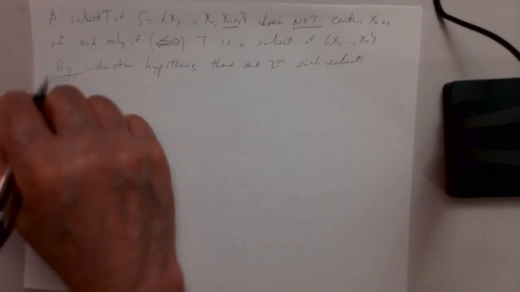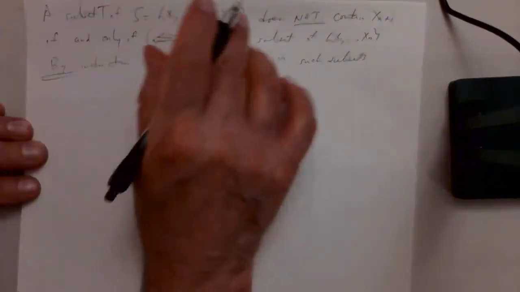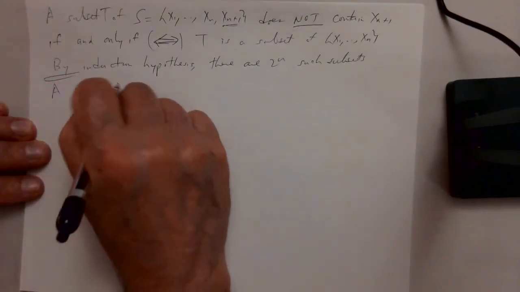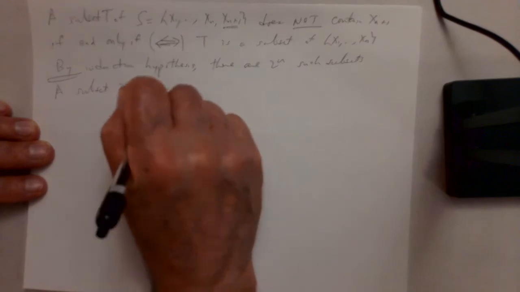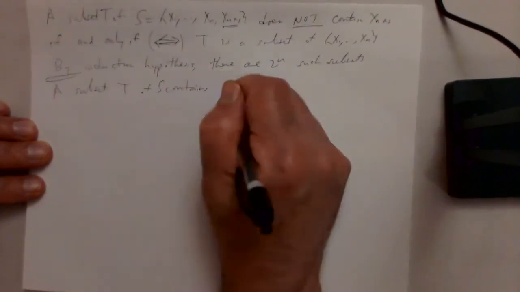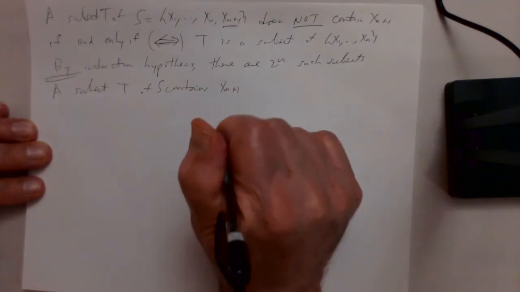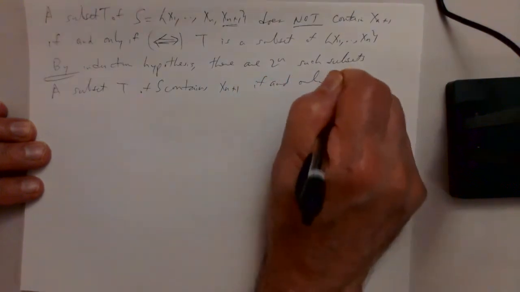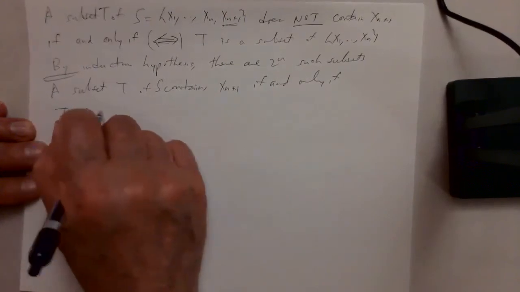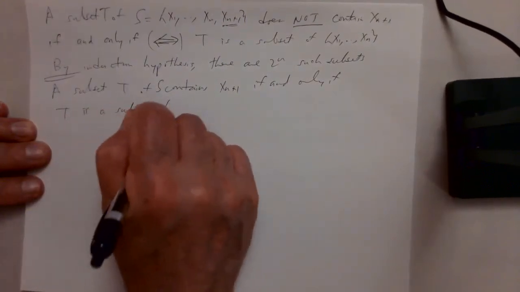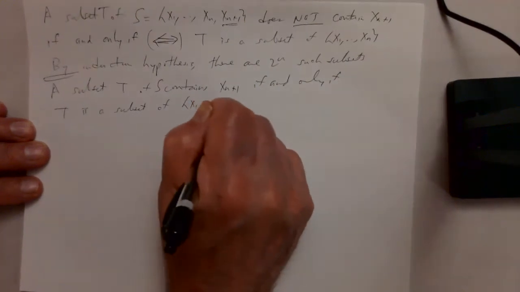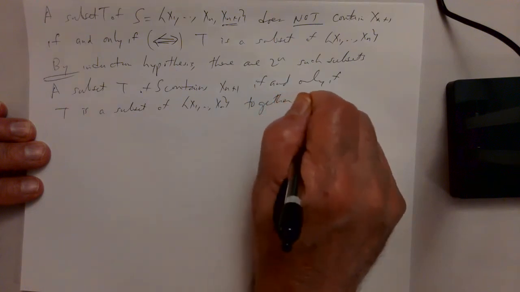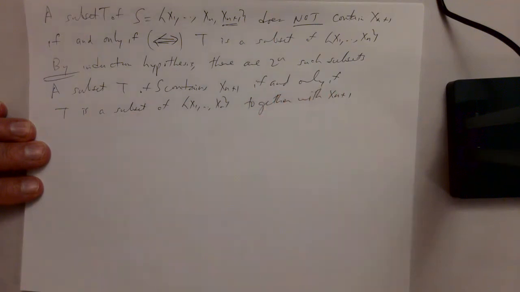In the other case, we look at the subsets that do contain xn plus 1. A subset T of S contains xn plus 1 if and only if T is a subset of x1 up to xn together with xn plus 1.